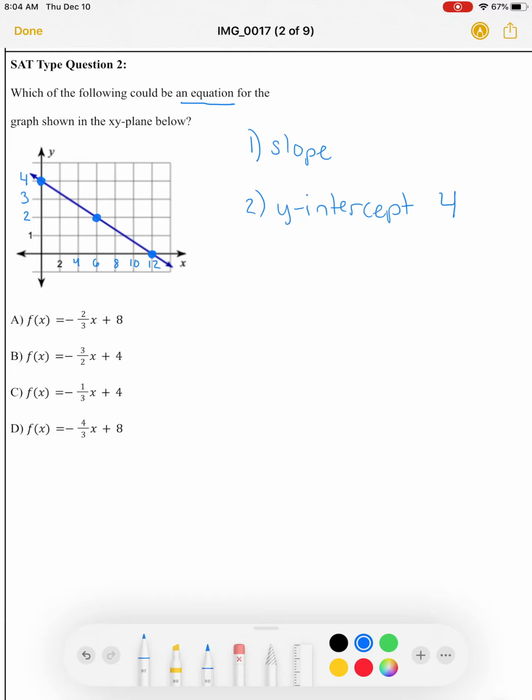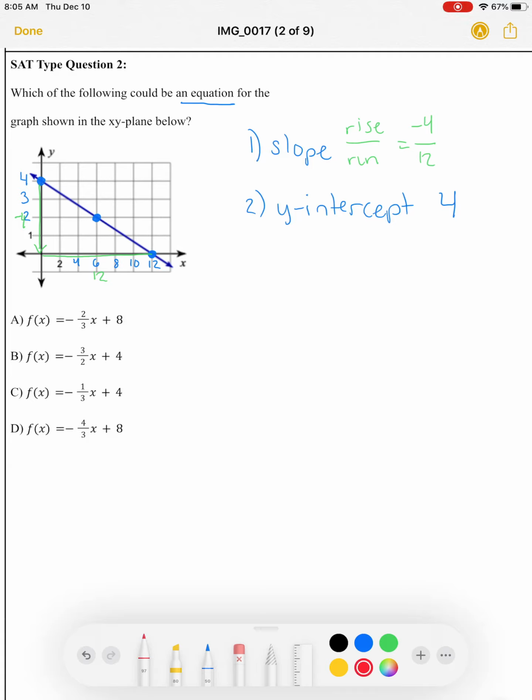So to count the slope for this graph to get from one point going left to right to another point, I would have to go down 4, so I'm going to put a minus 4, and over 12. So my rise over run would be down 4 over 12.